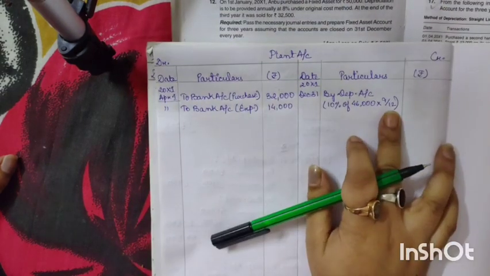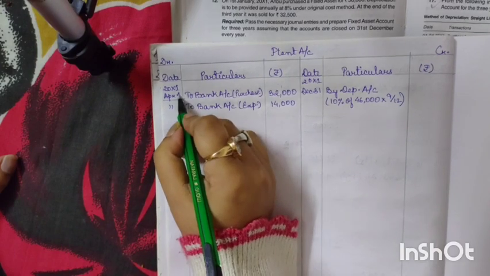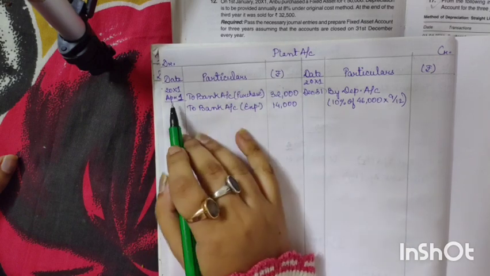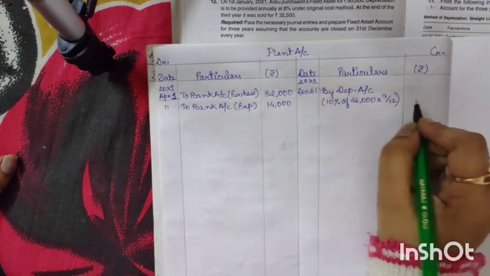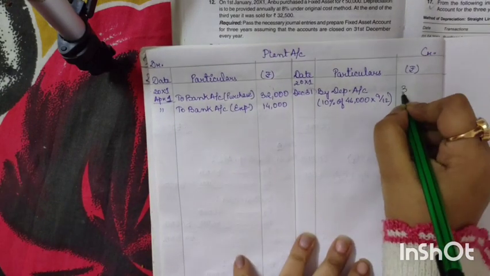So in the first year we have used the plant only for 9 months, since the plant was purchased on April 1 and our year ending is December 31st. So we have to count depreciation from April 1 till December 31st.